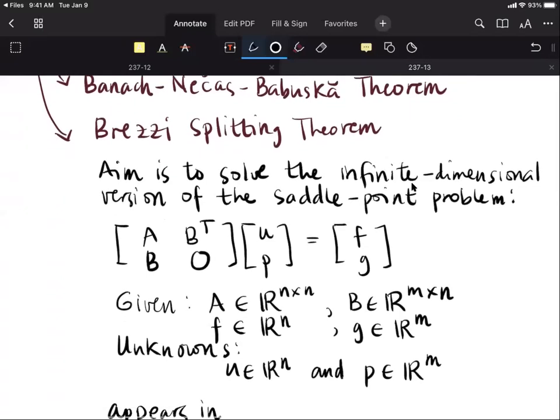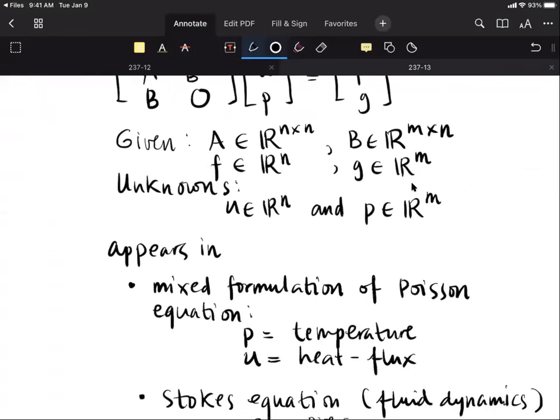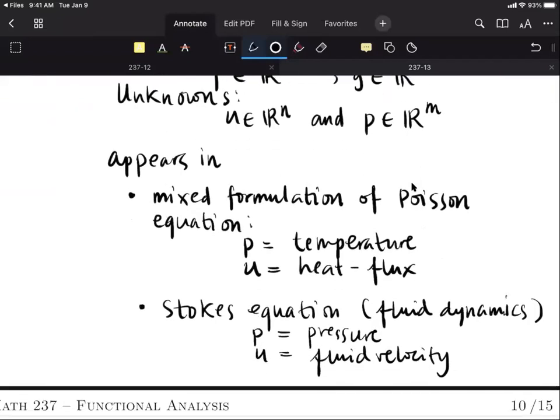On the other hand, the Brezis splitting theorem can be applied to infinite dimensional saddle point problems wherein the Poisson equation can be written as a mixed formulation, in terms of the temperature and the heat flux, as well as in the case of steady fluid flow, where you have the Stokes equation as a simplified model, where p refers to the pressure and u is the fluid velocity.